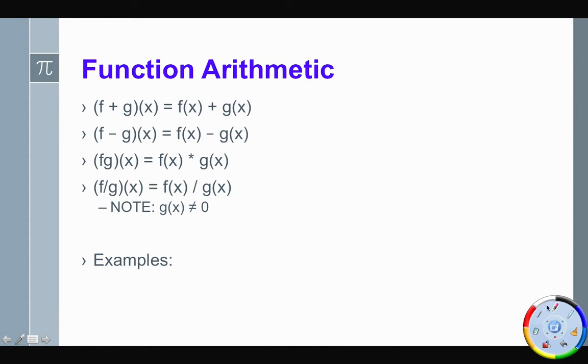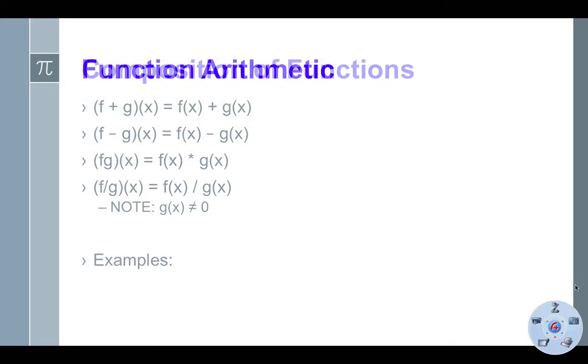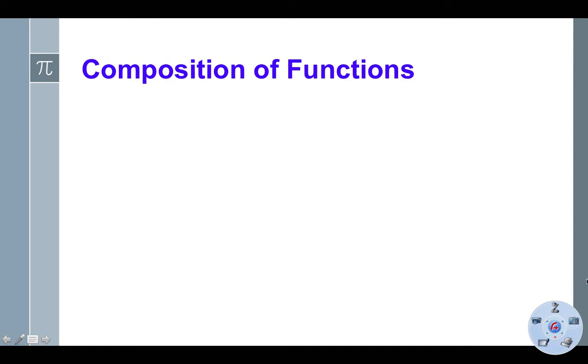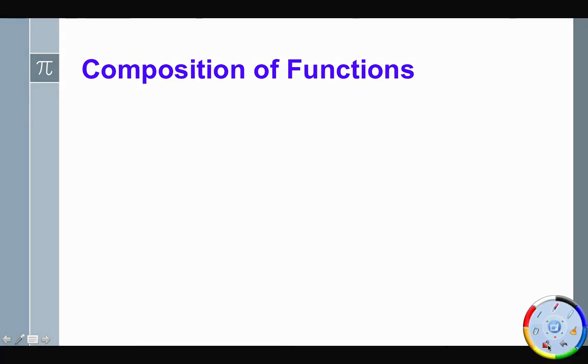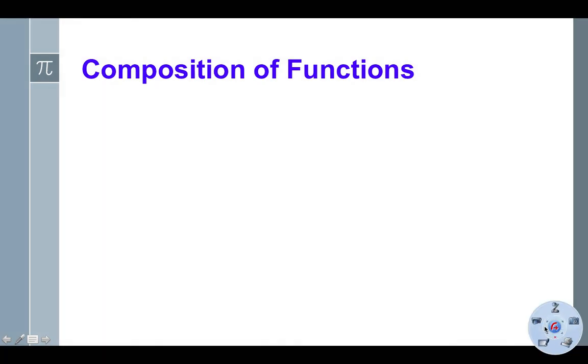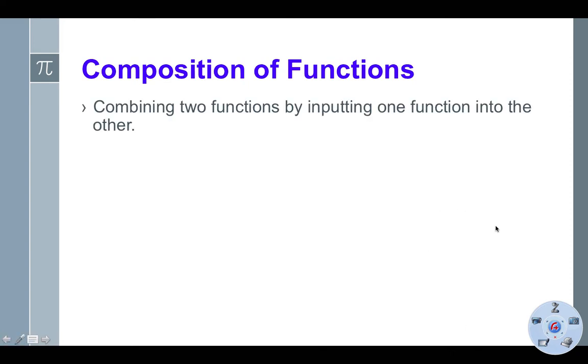And what we're going to go to now is look at the composition of functions. Now, the composition of functions is going to be very new to us, but it's not going to be too far along for us. So, in composition of functions, this is a way to combine two functions. And what we do is we input one function into the other.